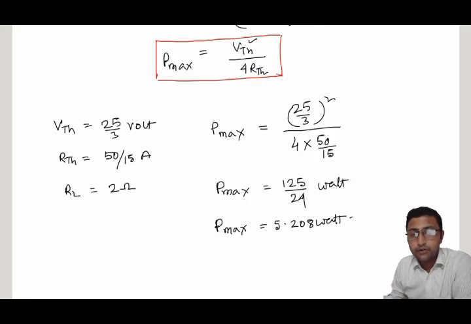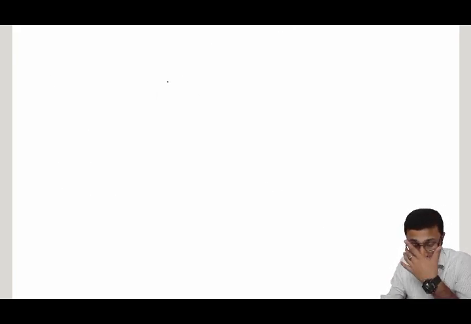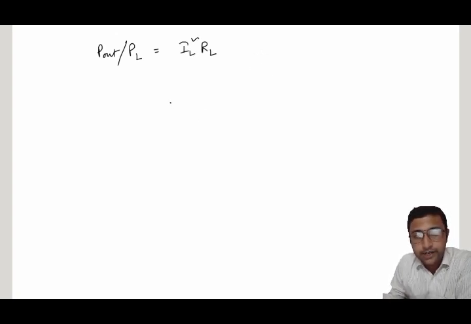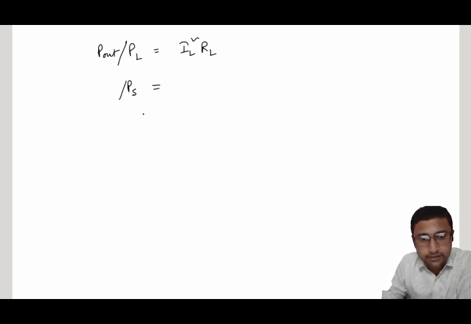Now if I talk about the efficiency, how can I calculate that? We have already determined the power delivered to the load, also called the output power, which is equal to IL square into RL. The power delivered from the source, represented by PS, is actually the input power, which is equal to IL square into the total resistance, RL plus RTH.